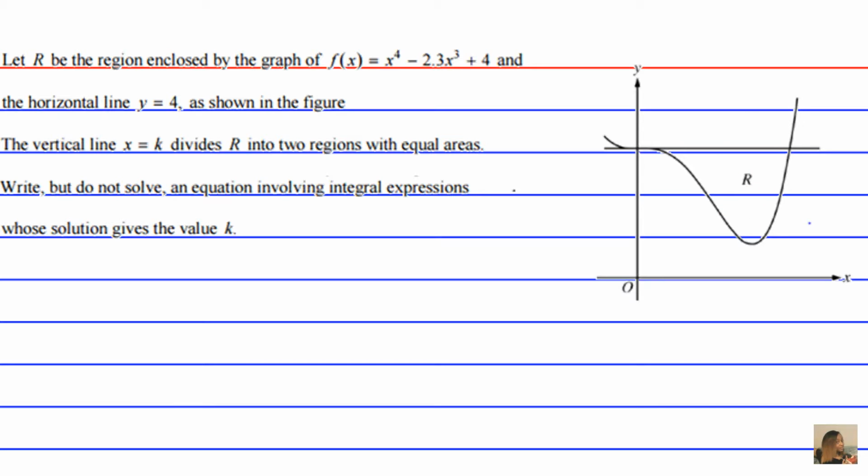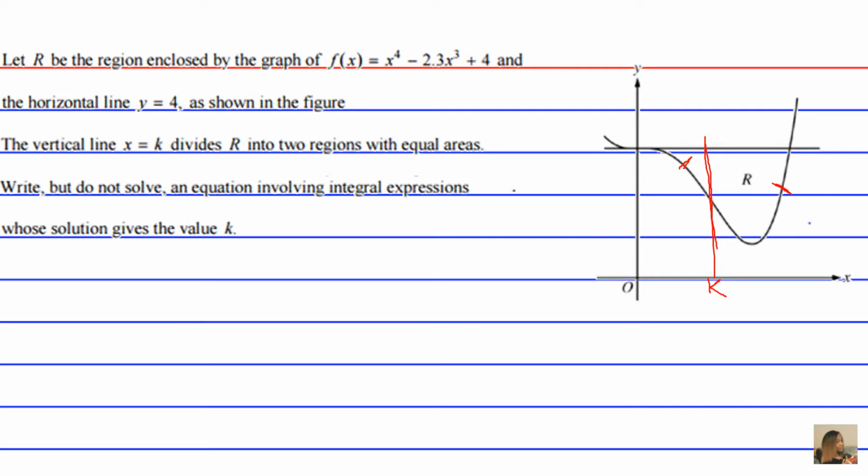region R, okay? So basically, we're told that we have some imaginary line k. Let's just draw in k for good measure. Let's say k is right here. Although this is not drawn to scale, this line k is going to split region R into two equivalent regions.